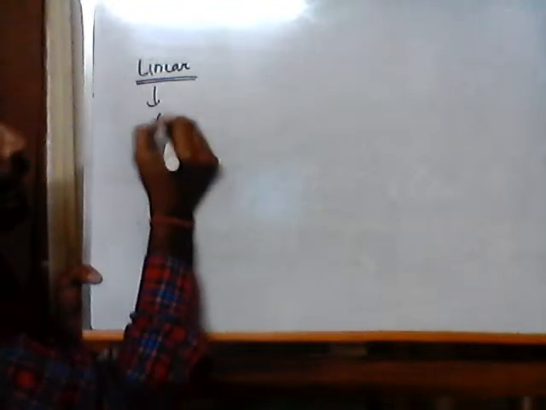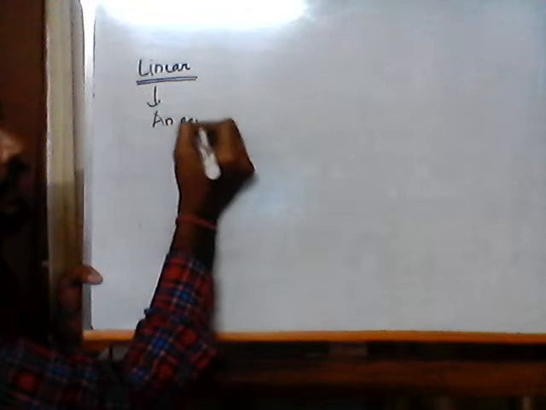The name of the chapter is linear equation, so you must know what a linear equation is. You have now learned what an equation is. Don't worry about the notes, I will be providing you a PDF file on the WhatsApp group. Just keep watching the video and take the concept. What is a linear equation?